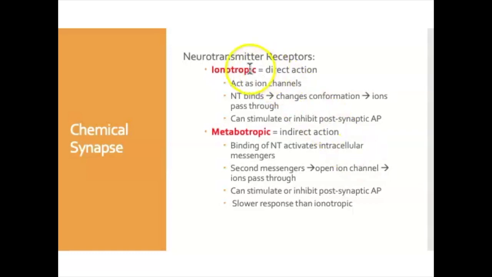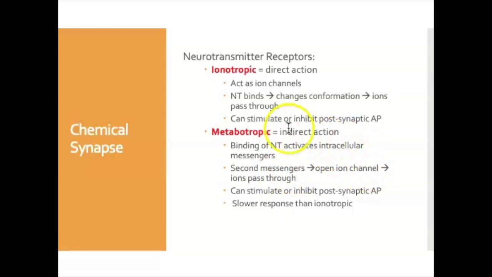In an ionotropic receptor, the neurotransmitter binds to the receptor and the receptor is an ion channel. In a metabotropic receptor, the neurotransmitter binds to it. It activates a second molecule that goes to a nearby ion channel and opens it up.